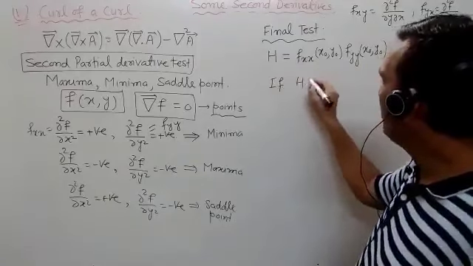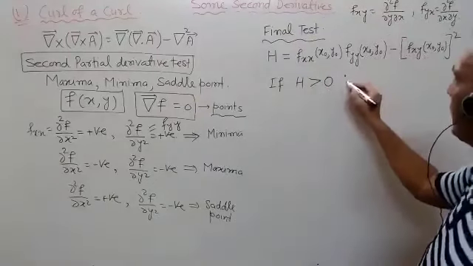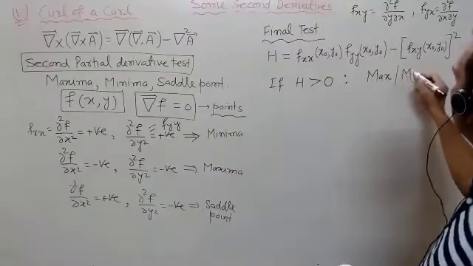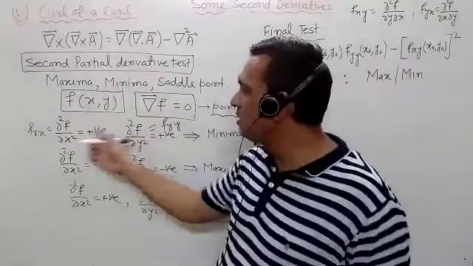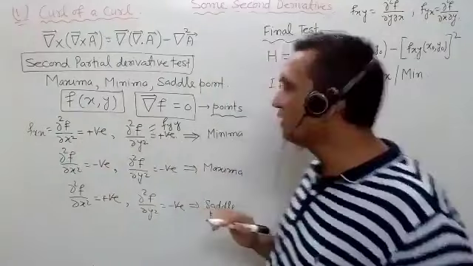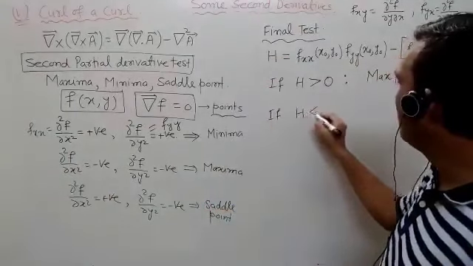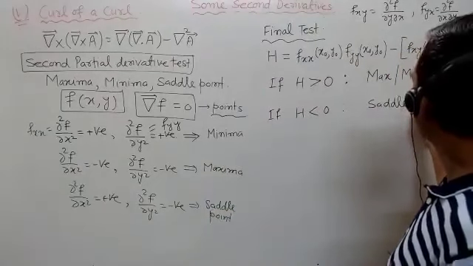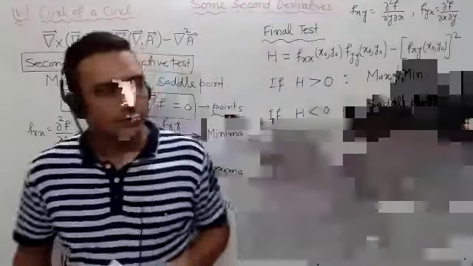If h is greater than 0, in that case that point is maxima or minima. You will check maxima or minima just by saying if positive, minima, if both are negative, maxima. And if h is less than 0, then that is the saddle point. So just remember this condition. You can always verify.